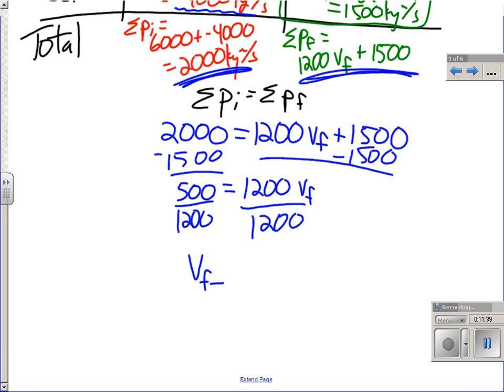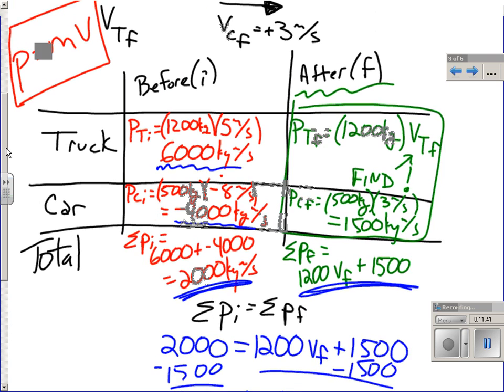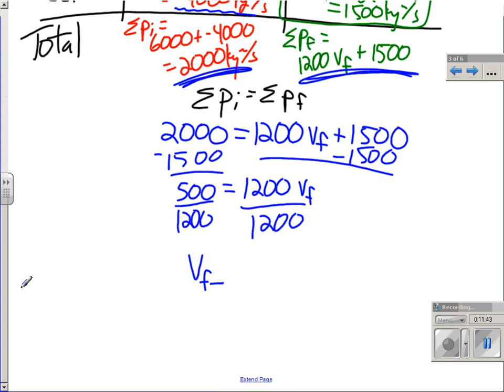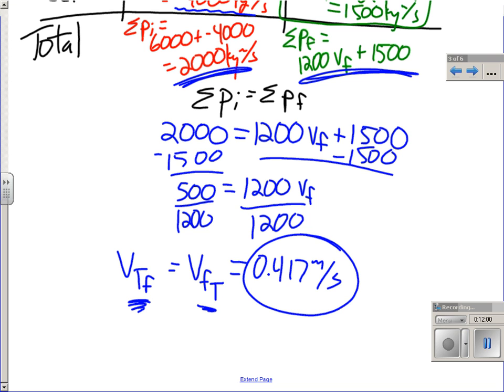Is that what we were looking for? I don't even remember now. Yes, final velocity of the truck. Oh, sorry. You can call it final velocity of the truck or the truck's final velocity. It doesn't matter. So anyway, 500 divided by 1,200 gives you 0.417 meters per second.